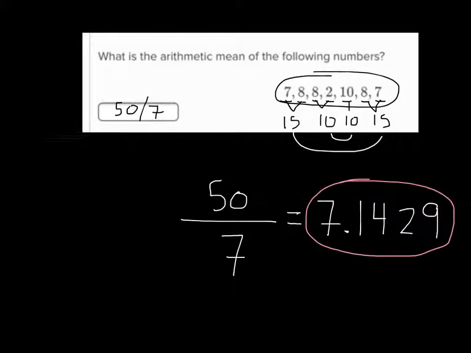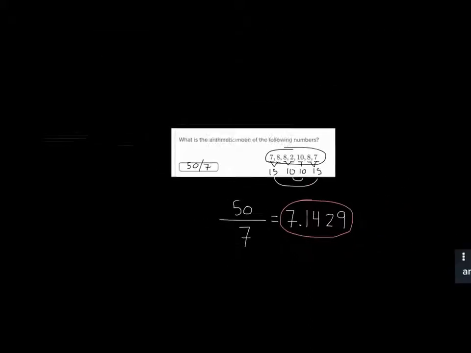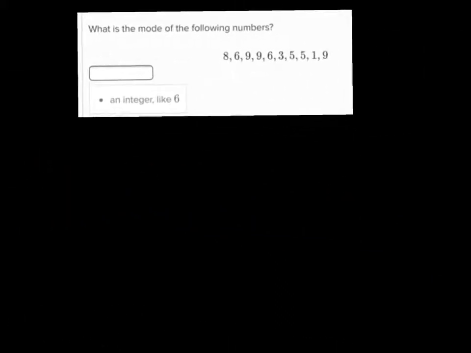But if those are the grades you made, then your average in the class would be a 7.14, right? So you take all the values for the arithmetic mean, add them up, and then divide by however many there are.